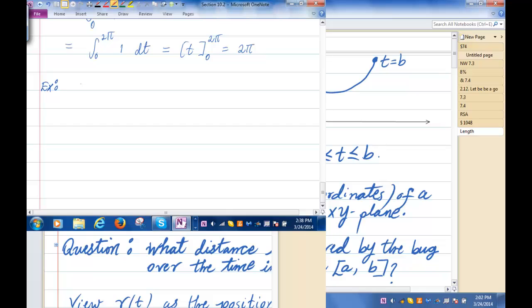Let's say I have the curve C this time, where x is given by e to the t plus e to the minus t, and y is given by 5 minus 2t, and let's say t is between 0 and 3.